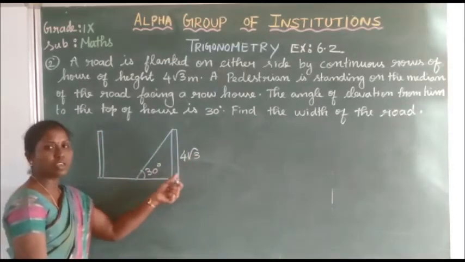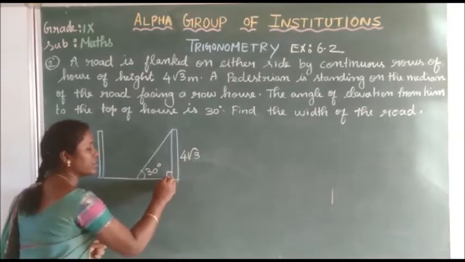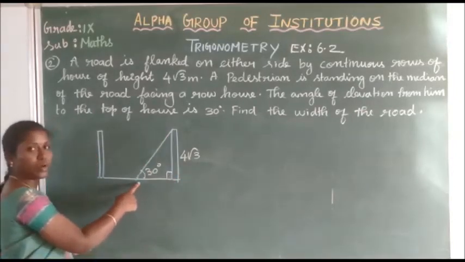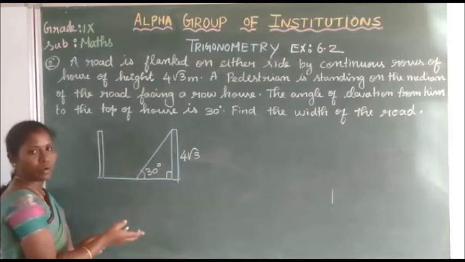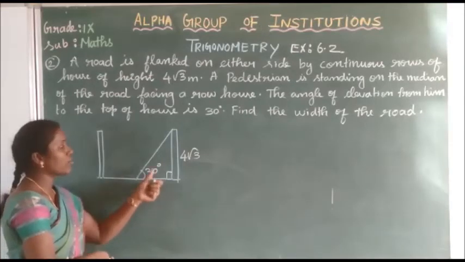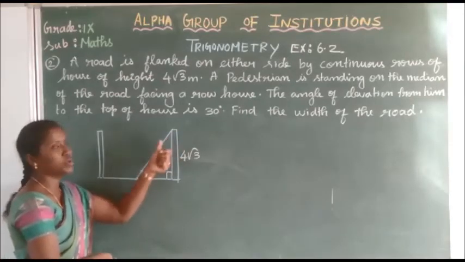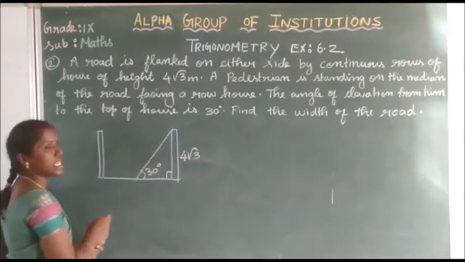I am mentioning the measures here because we get a right angle triangle. He is standing in the middle, so we can take either side. I am choosing this side. The angle of elevation from the pedestrian to the top of the house is 30 degrees.